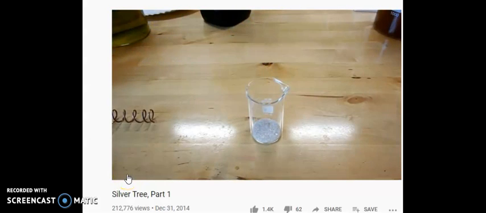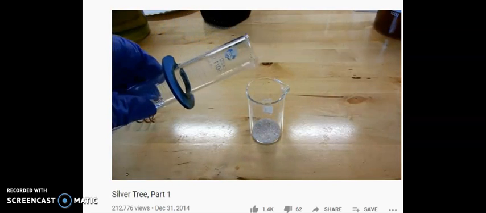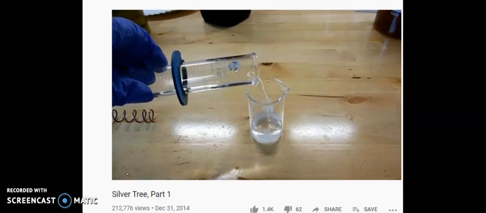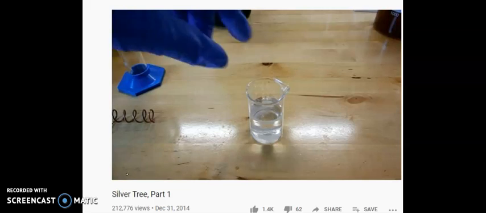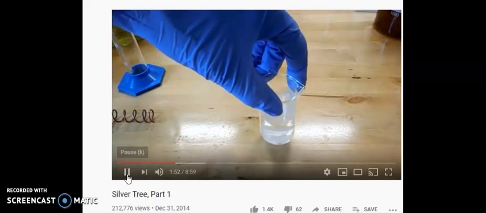But anyways, that's my 1.6 grams of silver nitrate, and now we're going to dissolve that in about 25 milliliters of water. Silver nitrate is very soluble, so this should dissolve in no time at all.